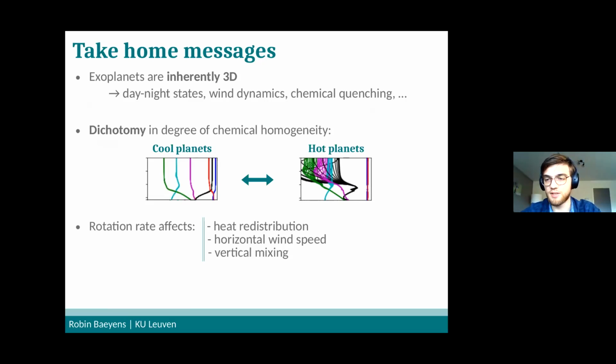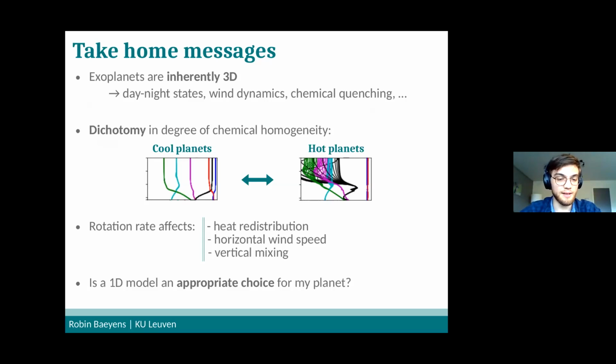Then the rotation rate has an effect on many different levels, on the heat redistribution, as we have seen, where the day-night temperature difference was quite high for fast rotators, but also on the horizontal wind speed, and also on the vertical mixing, which I didn't mention actually in this talk.